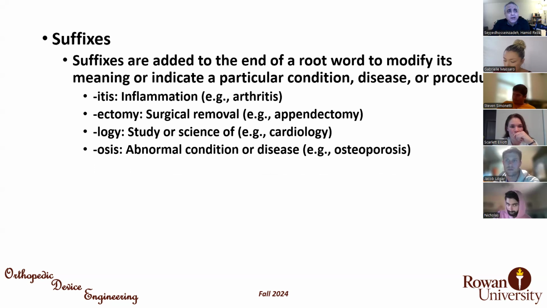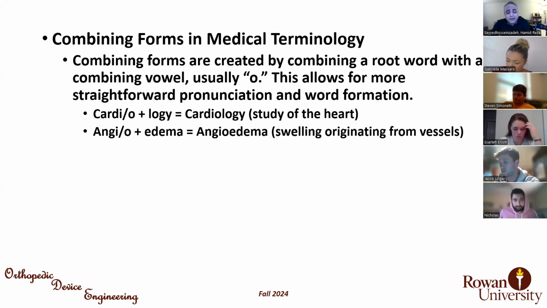The same thing for suffixes. But when we want to combine a root with another root or with a suffix, we usually add the letter O between them. For example, cardi means heart, logi means study.